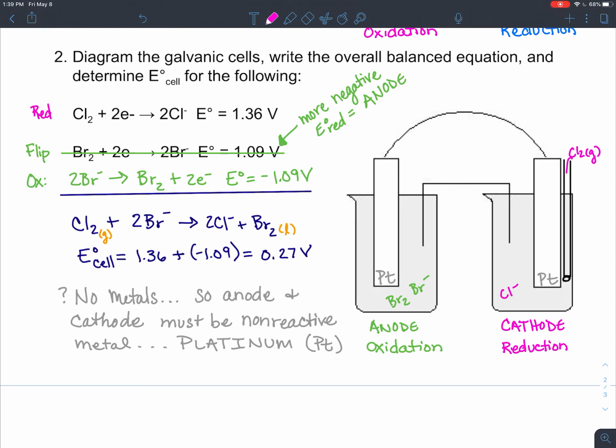So that Cl2 gas has to be bubbled in to the solution. So we're going to have some little bubbles that are going to go in there. Okay, again, we need to have our salt bridge. Let's go ahead and label that.